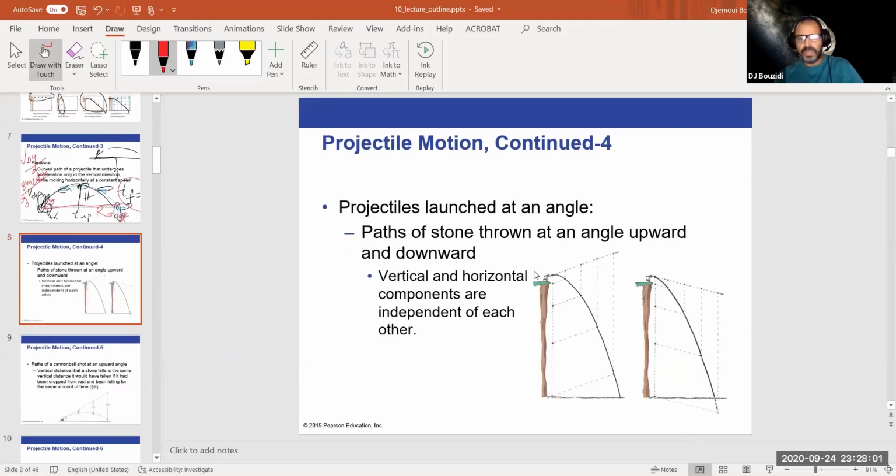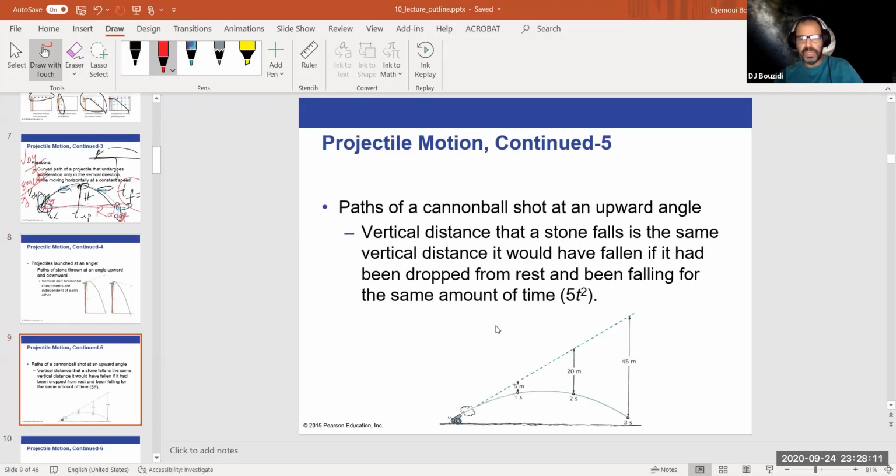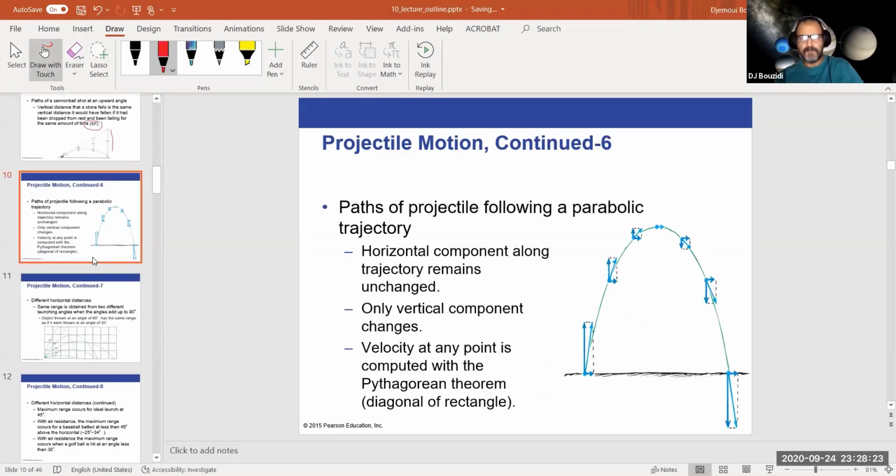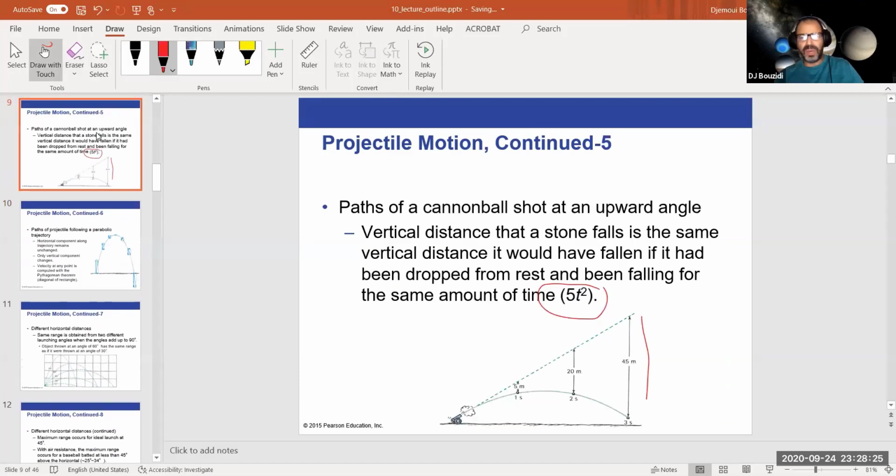Again, this is the first example I was talking about, and here it's different. Of course, you throw it from an initial height, okay? So it's going to follow downward motion. The way you're falling in here follows this law, which is 1/2 times G times T squared. And 1/2 of G is 10, so it's 5T squared, okay? Unless otherwise told, use the value of G to be 10, okay?